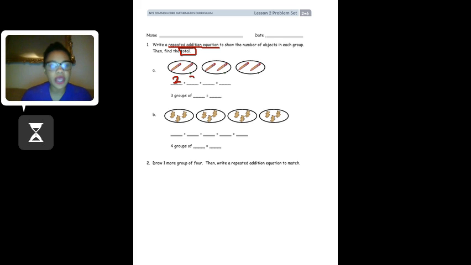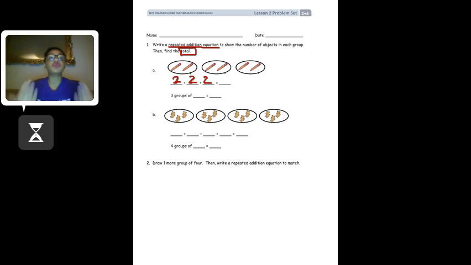So boys and girls, let's put 2 down in that equation, okay? And then I still have a blank left, so I'm not done. And I notice I also still have 1 more circle left, 1 more group that has 2 pencils in it. So I have 1, 2 pencils, so now I'm going to write 2 down on my equation, and that's it, because now I see that there's an equal sign.